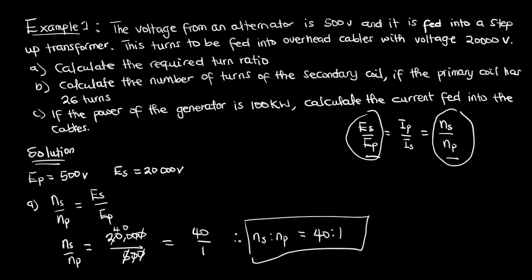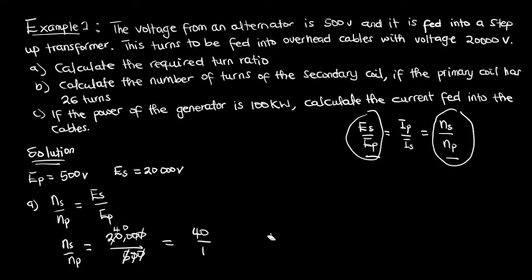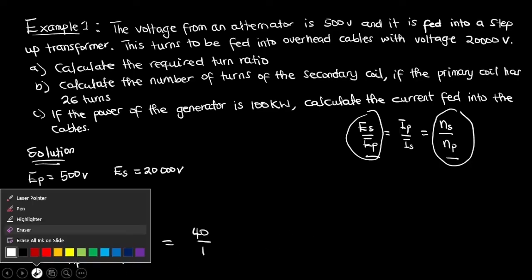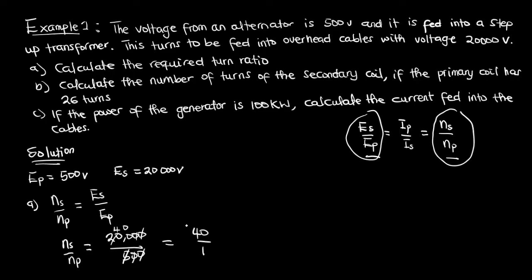Okay, so let's look at B. B is saying we have to calculate the number of turns of the secondary coil if the primary coil has 26 turns. Let me find a space here to squeeze it in. Let me erase this. We've already said that this is the turn ratio, 40 is to 1.